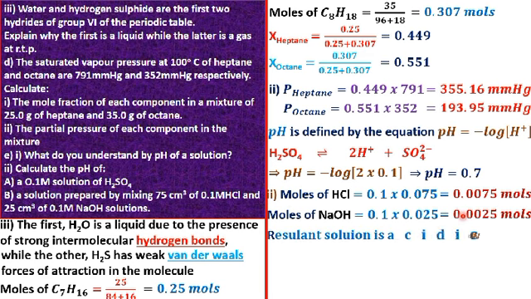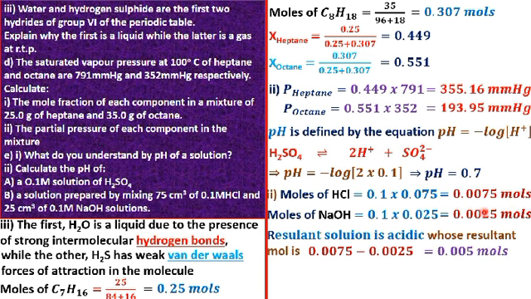So the resultant solution after mixing the two is acidic, and the number of moles is 0.075 minus 0.025, which gives 0.05 moles.